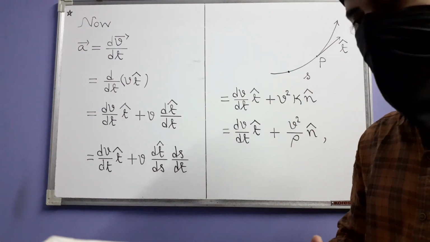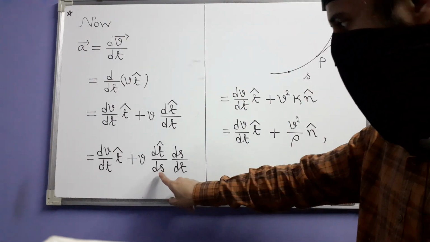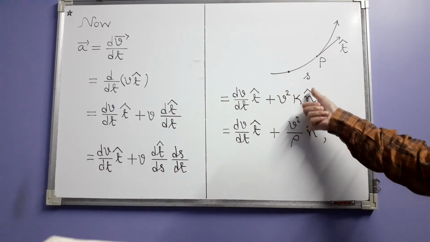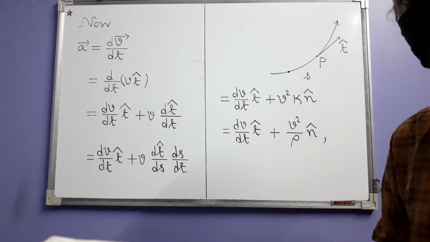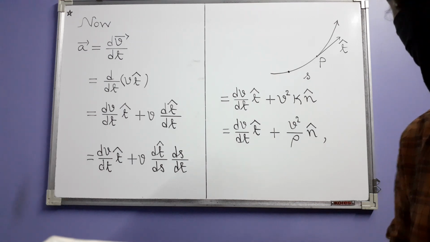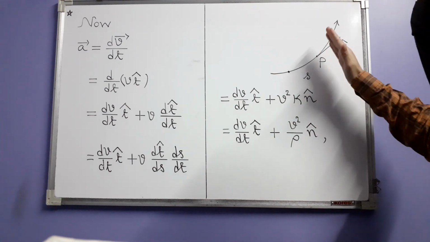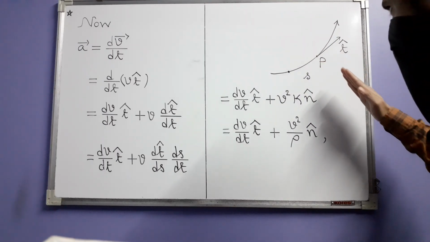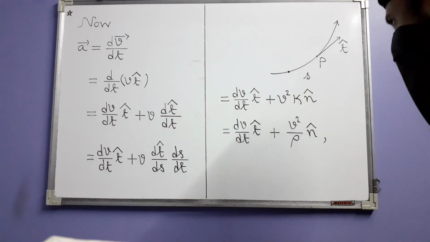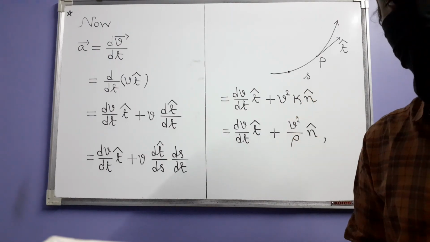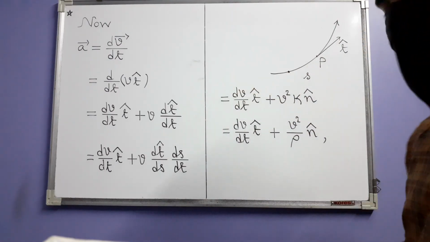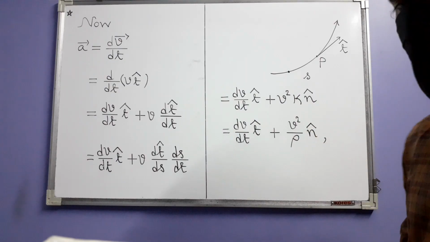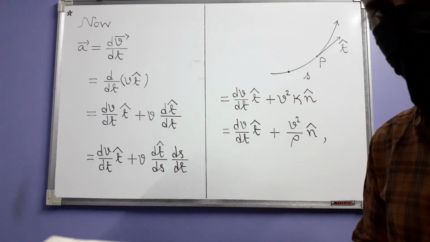When you differentiate the unit tangent vector with respect to arc length, you get kappa times n hat, where n hat is the unit normal vector to this curve at the point P, which is along this line perpendicular to the tangent, and kappa is the curvature of the path at the point P. In place of kappa, you can also write 1 divided by rho, where rho is the radius of curvature.